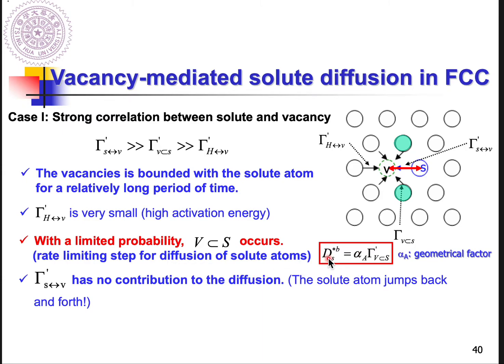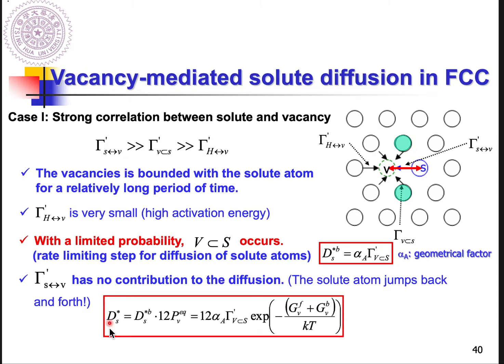And next, we are going to write down the diffusivity for the solute atom instead of the bound one. Bound means you consider it as a group, right?